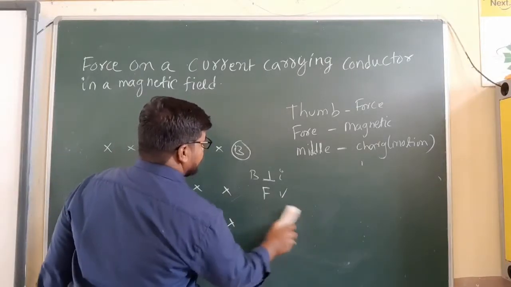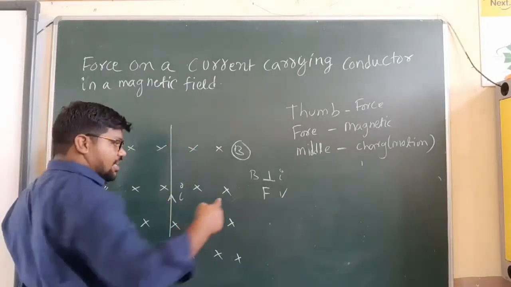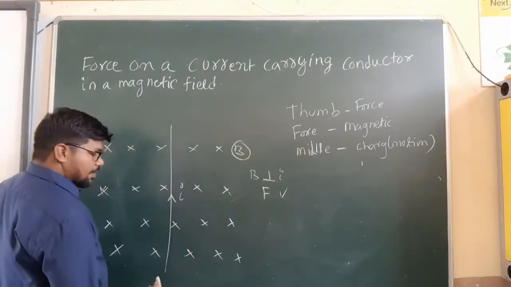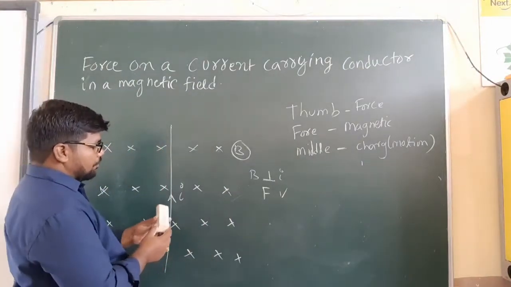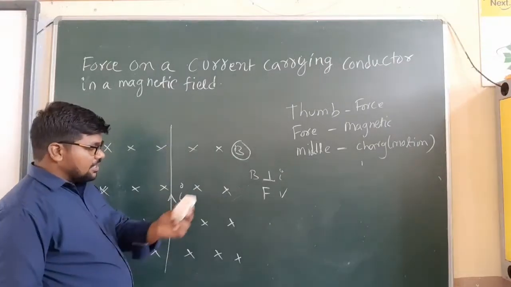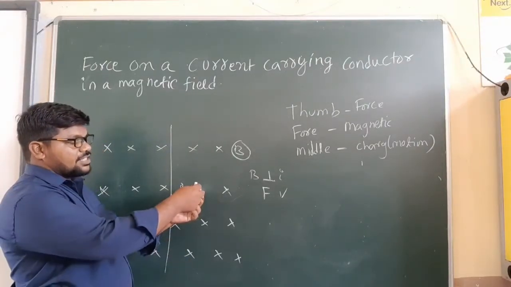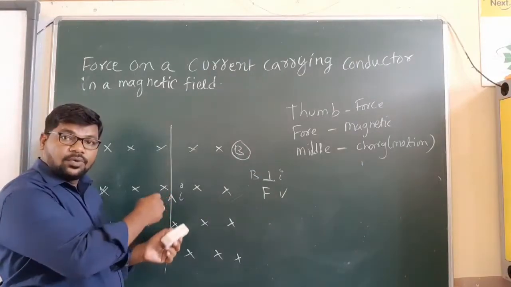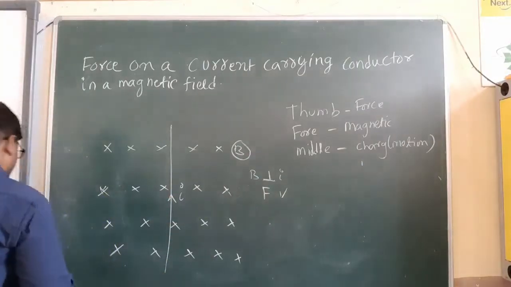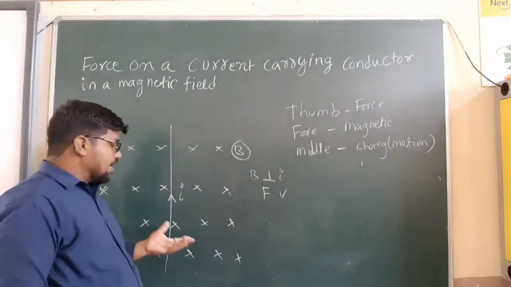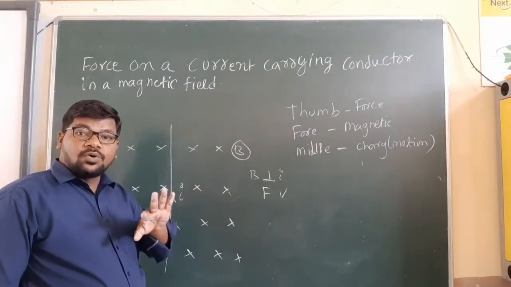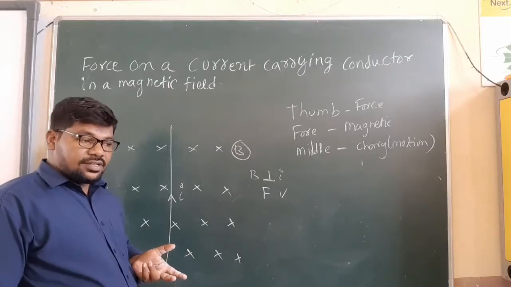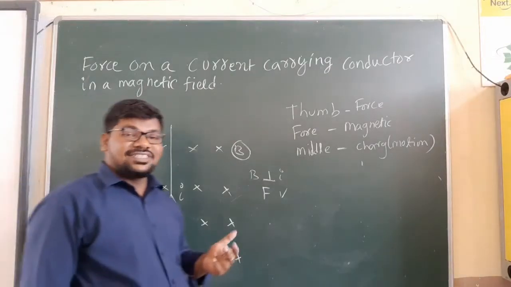So here the magnetic field enters into the pole, and current is passing upward. Here both are perpendicular to each other. Whenever the current direction and magnetic field direction are perpendicular to each other, then force is generated.